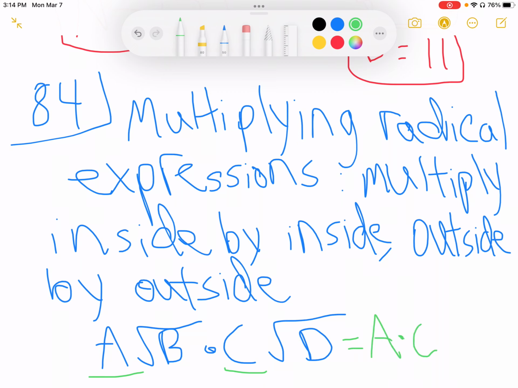And a lot of times we'll just write AC. These other two terms, the square root of B and the square root of D, are also like terms. So then we would write AC, and then we write the square root of B times D. I can draw it like that.